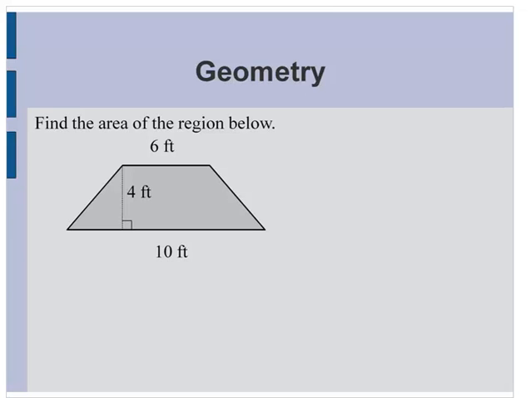We're asked to find the area of the region below, and here we are given a shape that's called a trapezoid. A trapezoid has 2 parallel sides and a height. These 2 parallel sides are called the bases.